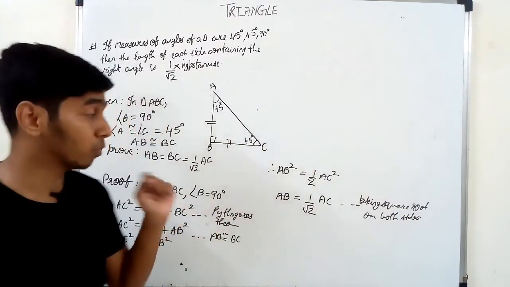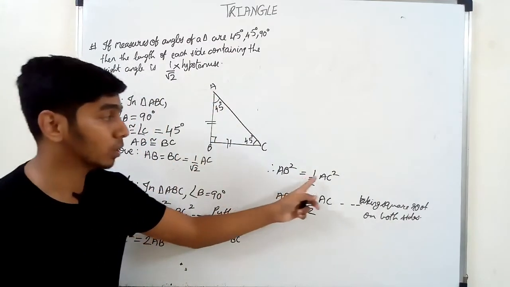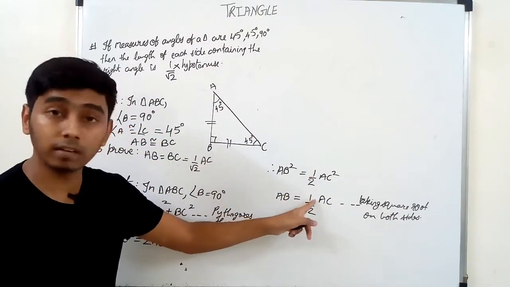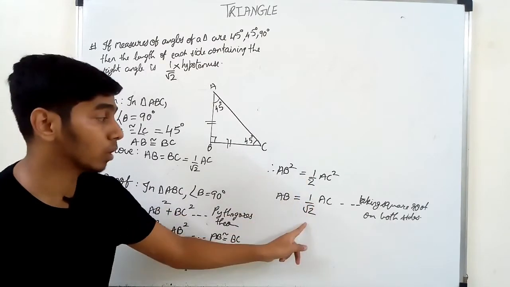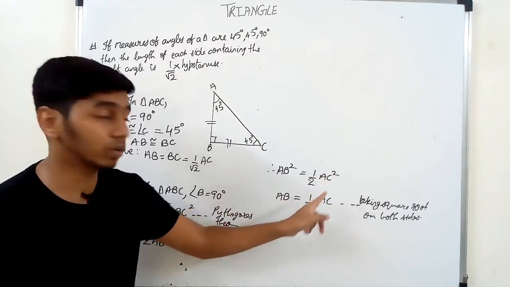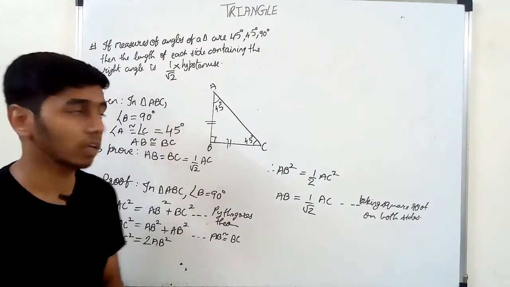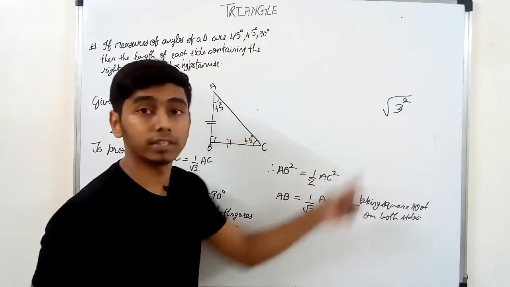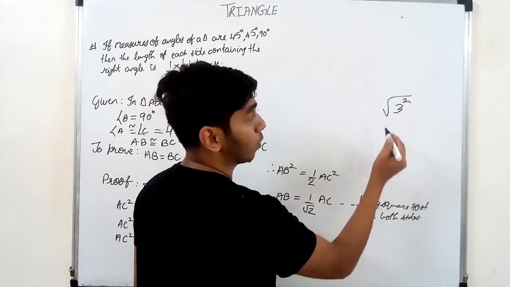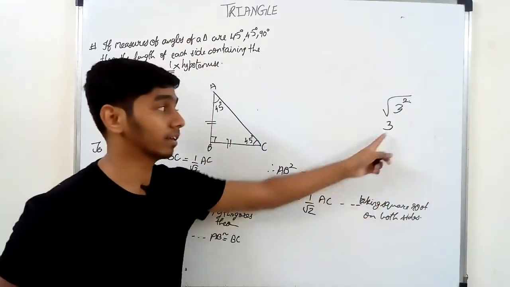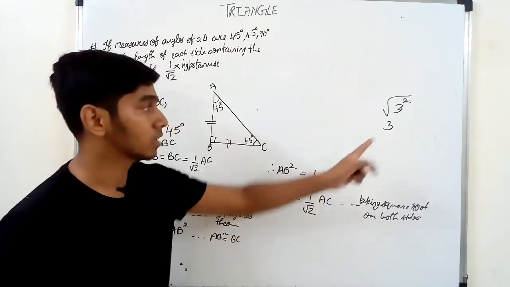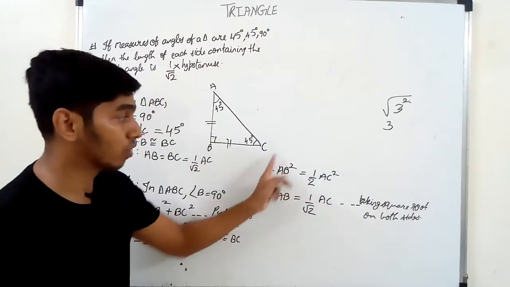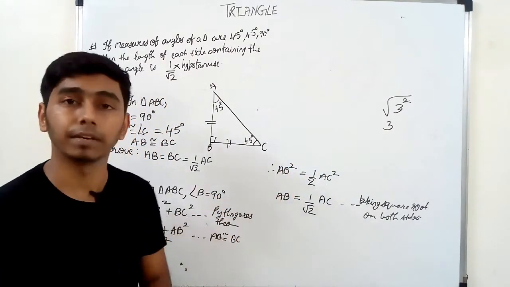So taking square root on both the sides, we get AB is equal to square root of 1 is 1, square root of 2 is root 2, so 1 by root 2 of AC, because the square root of AC square is AC. Yes or no? Because you know, if you write 3 square and you take the square root of this, the 2 and the square root will go and you will get 3. So that's why the square root of AB square is AB.